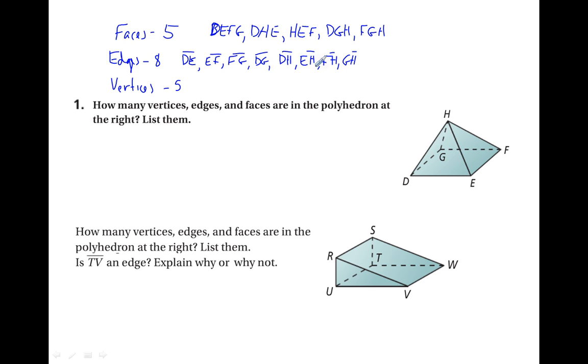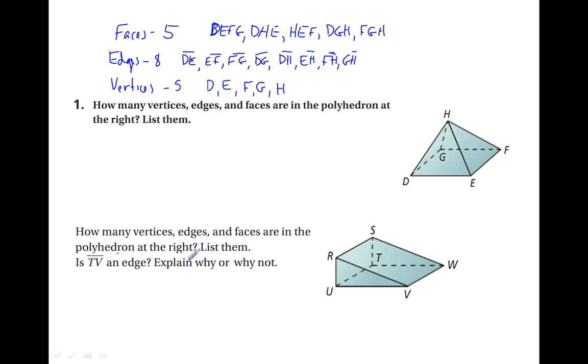All 8 of those segments are edges. And then the vertices, those are the points where all of these things intersect. So we have D, E, F, G, and H. So we can count the number of faces, edges, and vertices. We can also list them out.